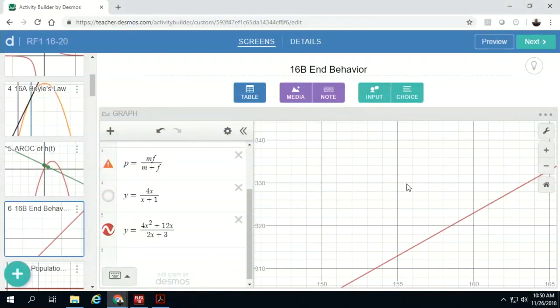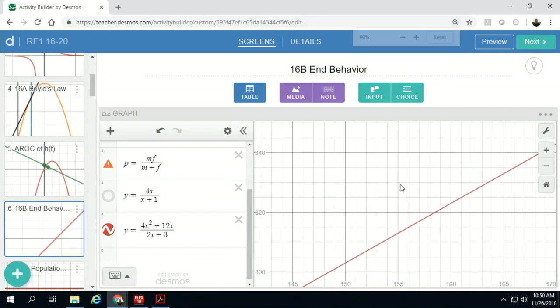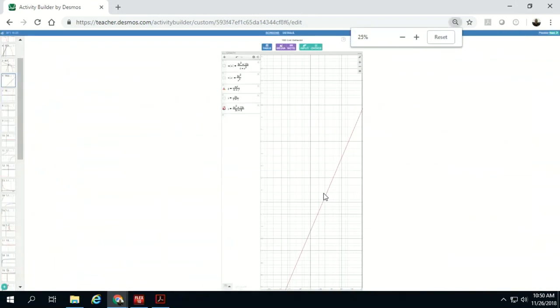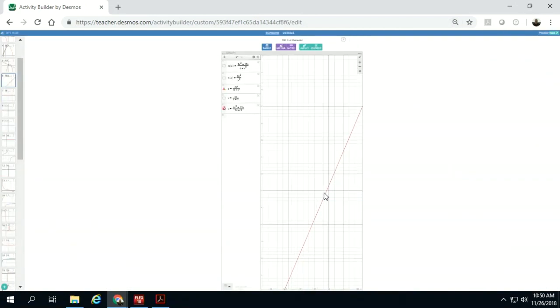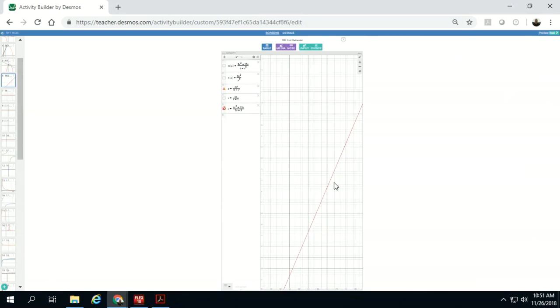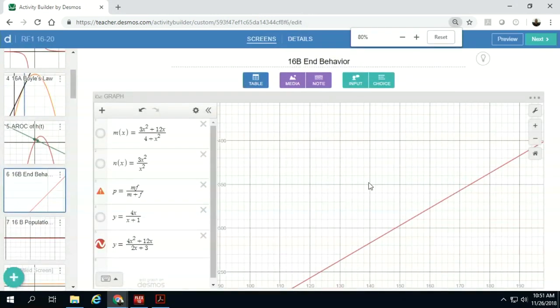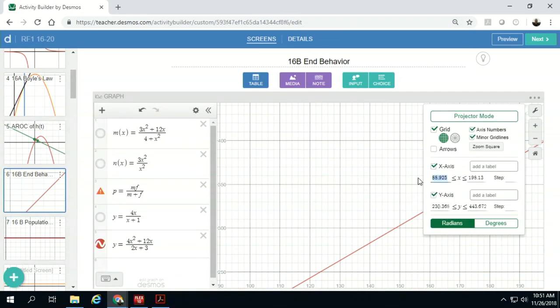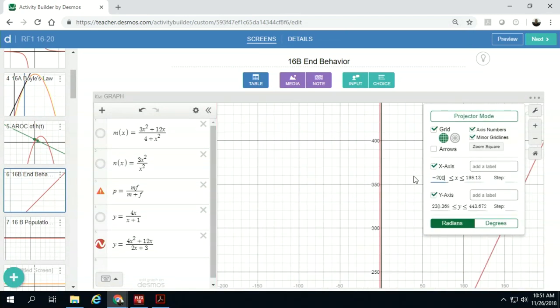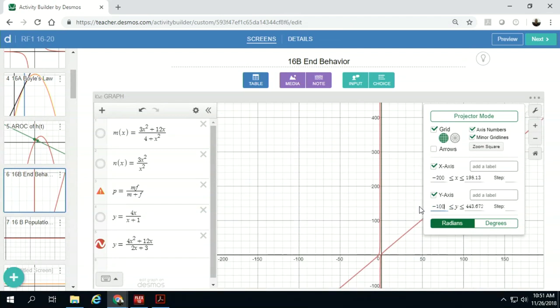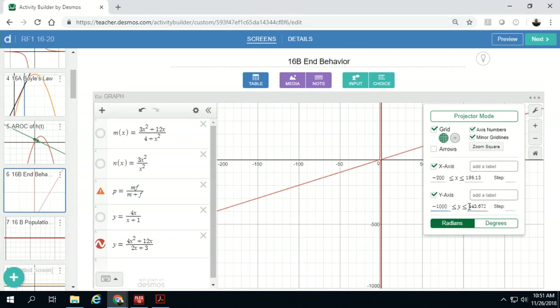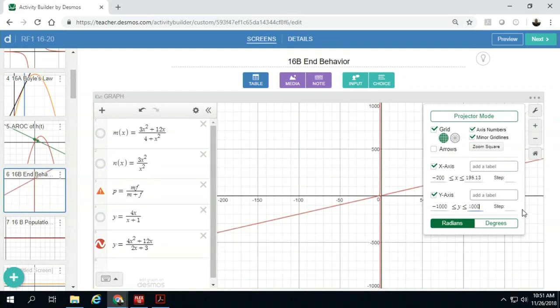So if you look back at the graph that we just did, I'm going to zoom out here on our graph. Negative 200 to positive 200. Let's go from negative 1,000 to positive 1,000.